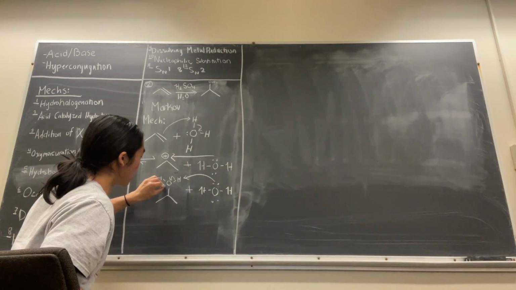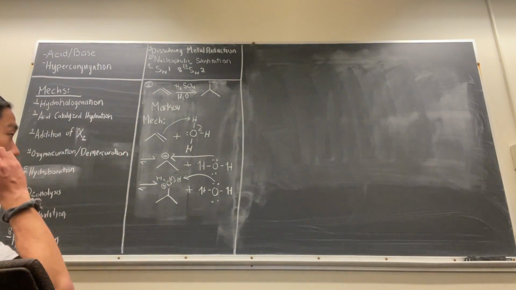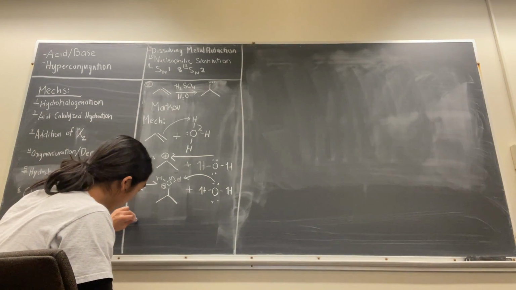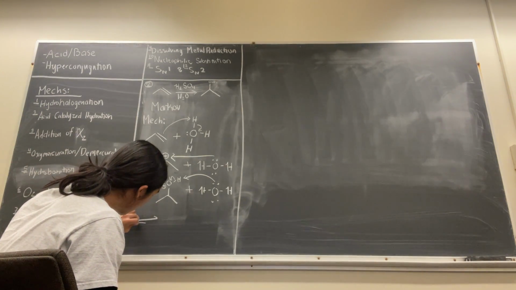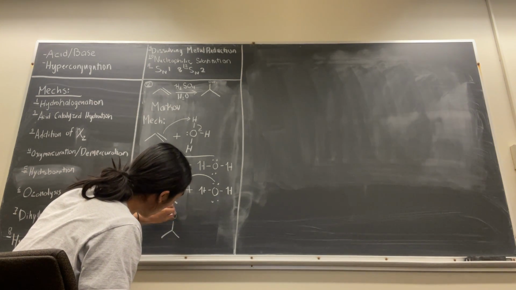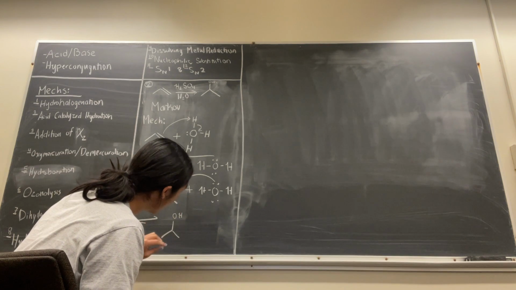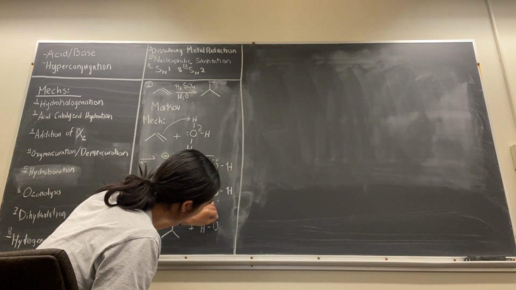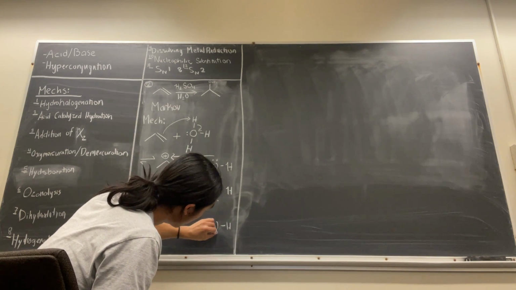Because this is a positive charge right now, right? It's got 3 bonds on it, so it's got 5 electrons basically. And then we're going to have this, O, H, plus H, O, H, H.